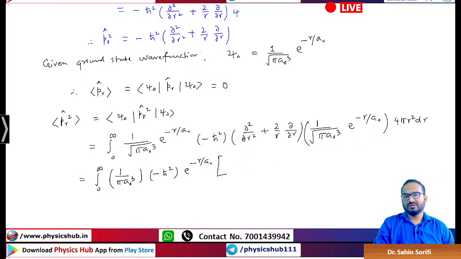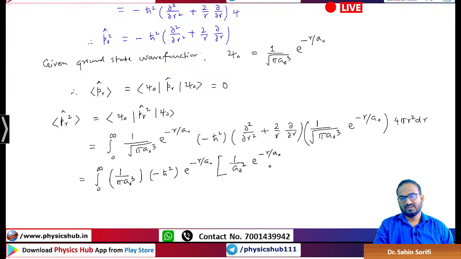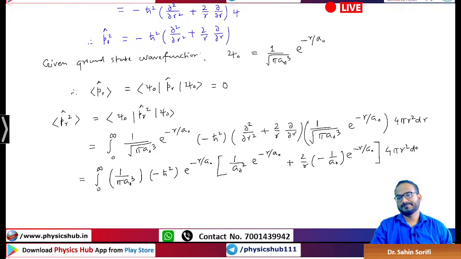So 2 times the derivative of e to the power minus r by a naught gives minus 1 by a naught, and next another minus 1 by a naught, so 1 by a naught square and e to the power minus r by a naught. Now we have to apply this 2 by r del r to this, so this will give plus 2 by r del r of e to the power minus r by a naught, so minus 1 by a naught e to the power minus r by a naught. Okay, and this 4 pi r square is remaining as it is.